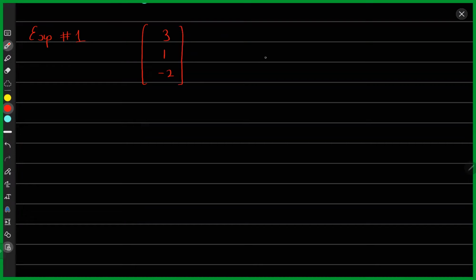I can also write it as 3i plus j minus 2k, and this would mean that it is going 3 units in the x direction, 1 unit in the direction of the y-axis, and -2 units in the direction of z-axis, or 2 units in the direction of negative z-axis. Okay, so this is how we can write it down.